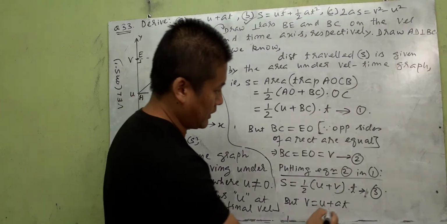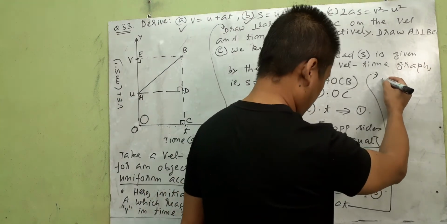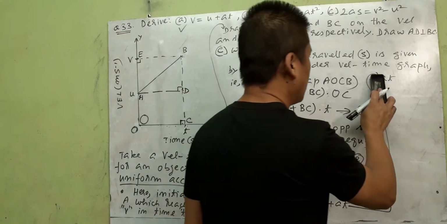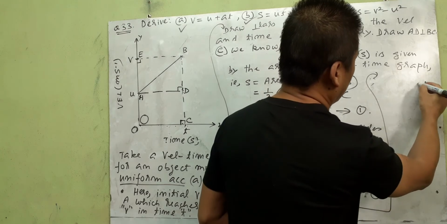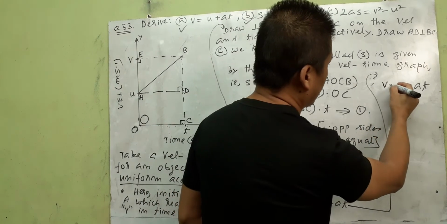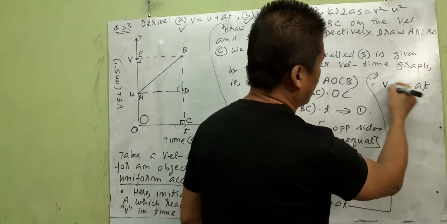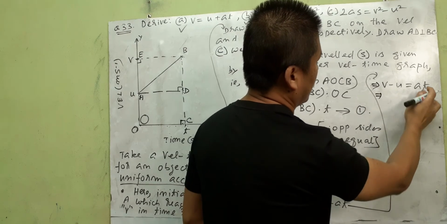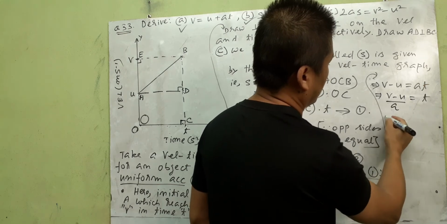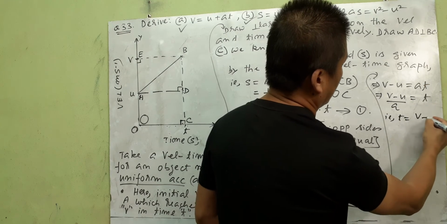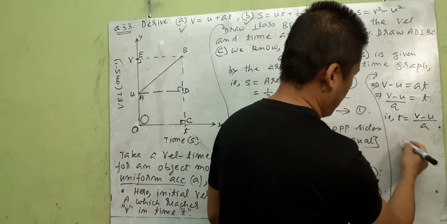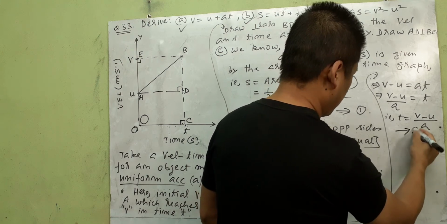So from here, let us get T. AT is equal to V minus U, since U comes to this side as minus U. That will give you T equal to V minus U divided by A. Let us put this as equation number 4.